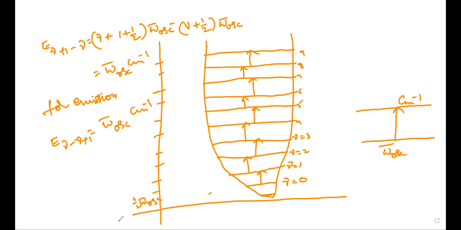Further, since the difference between energy levels is expressed in centimeter inverse, which gives directly the wave number, nu bar for spectroscopy is equal to epsilon, which is equal to omega bar oscillation, in centimeter inverse.